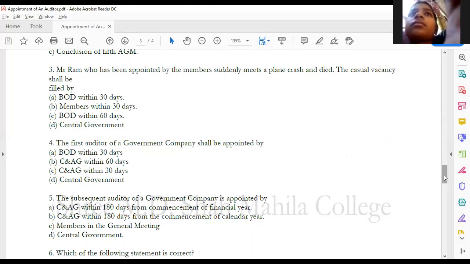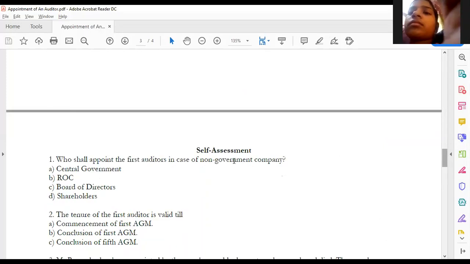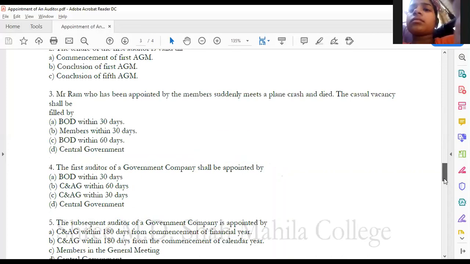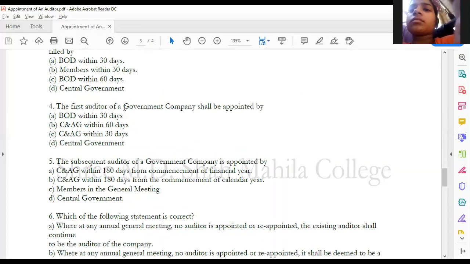Next question. The first auditor of a government company. See, the first question was who shall appoint the auditor in case of a non-government company? Now the question is who shall appoint the first auditor in case of a government company? So what do you think?